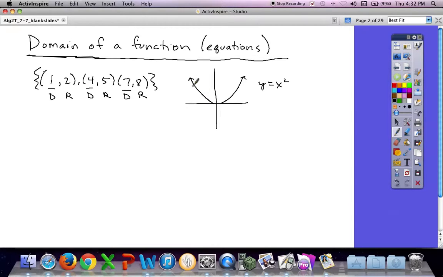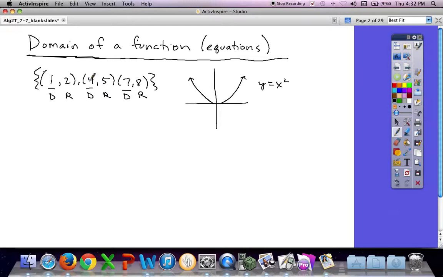Every point on this line is another ordered pair, and these arrows go on forever. So there's infinitely many points. There's no way to go through a set of points and identify all the x values as the domain and all the y values as the range. And now we need to come up with a different way to think about domain and range.